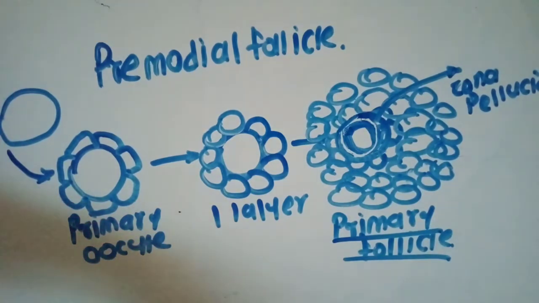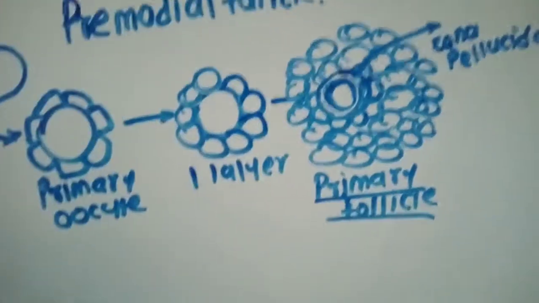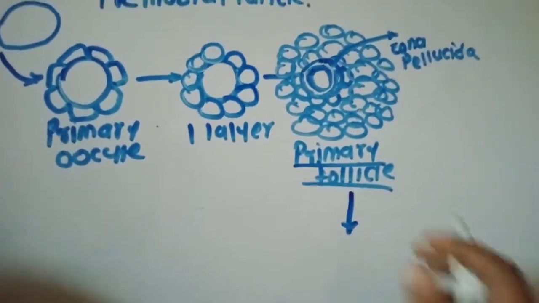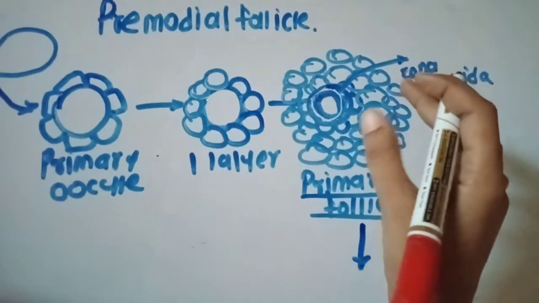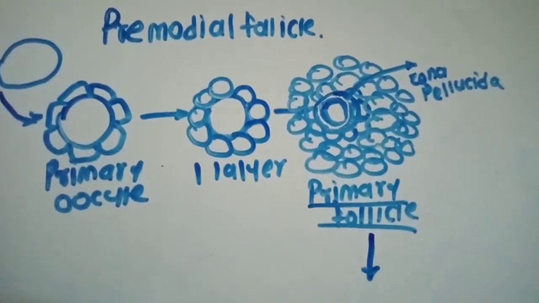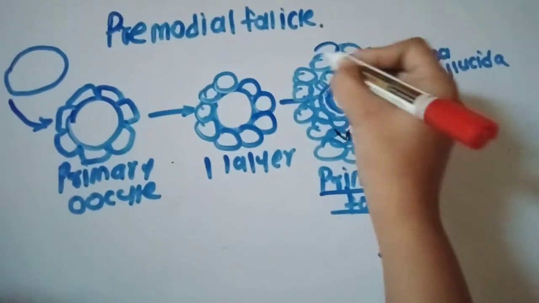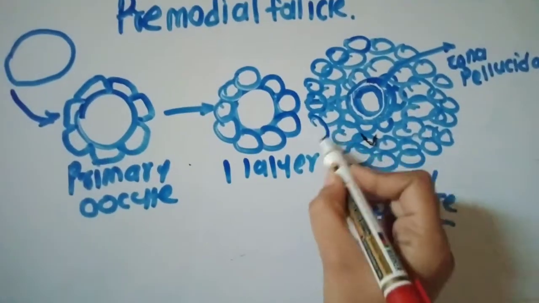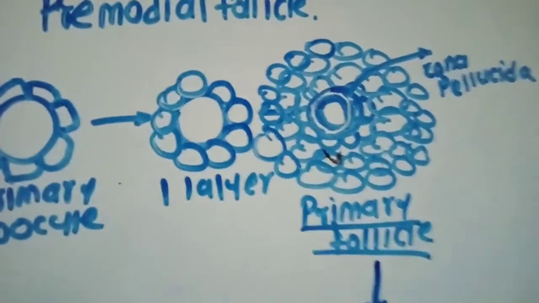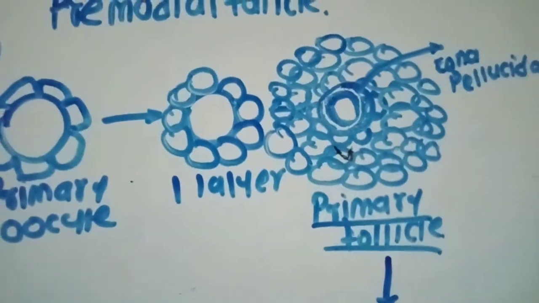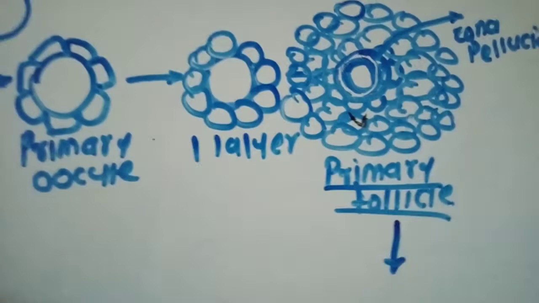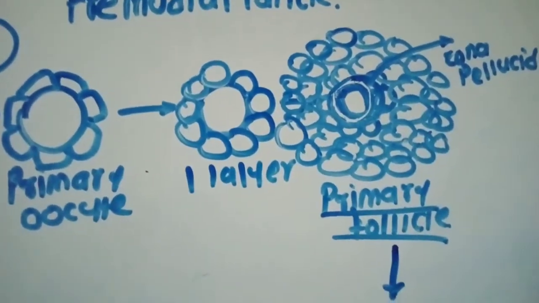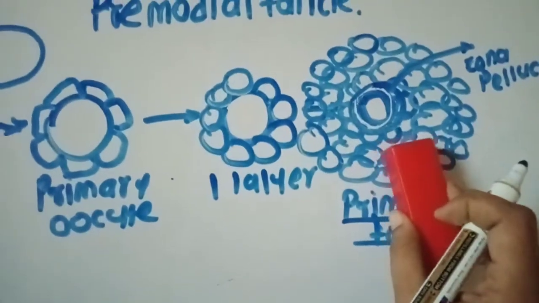Next we'll see how the secondary follicle develops from the primary follicle. There are so many follicular cells surrounding this primary oocyte. Now these follicular cells start secreting some fluid, and because of the fluid, spaces are formed here.